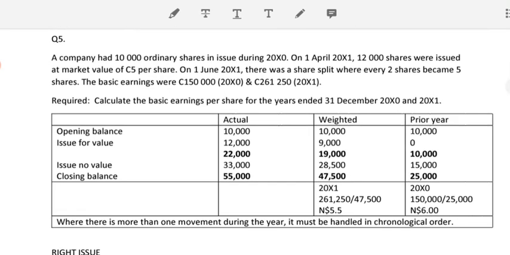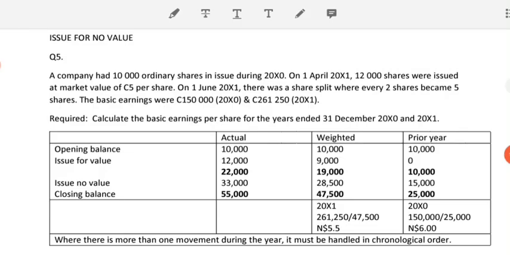Here they say a company had 10,000 ordinary shares in issue during 2020, and then on the 1st of April 2021, that company issued 12,000 shares at a market value of $5 per share.